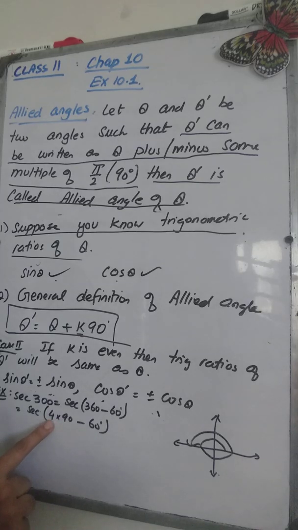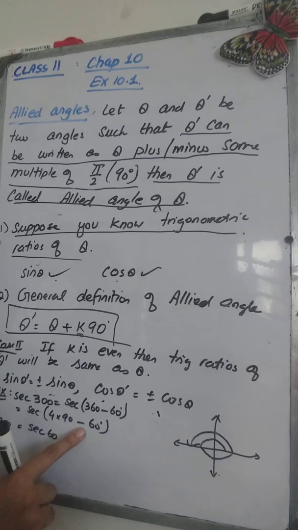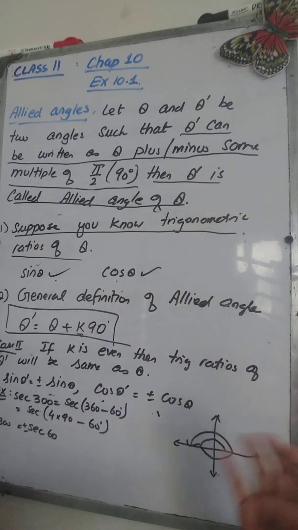Now this is an even multiple of 90. So secant of 300 will be equal to secant of 60. You don't need to look at whether it is positive or negative. This sign will be determined by the quadrant in which 300 lies.